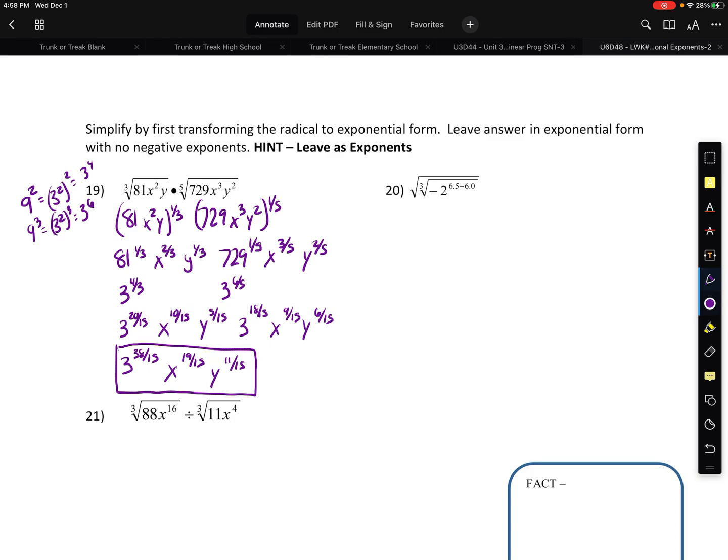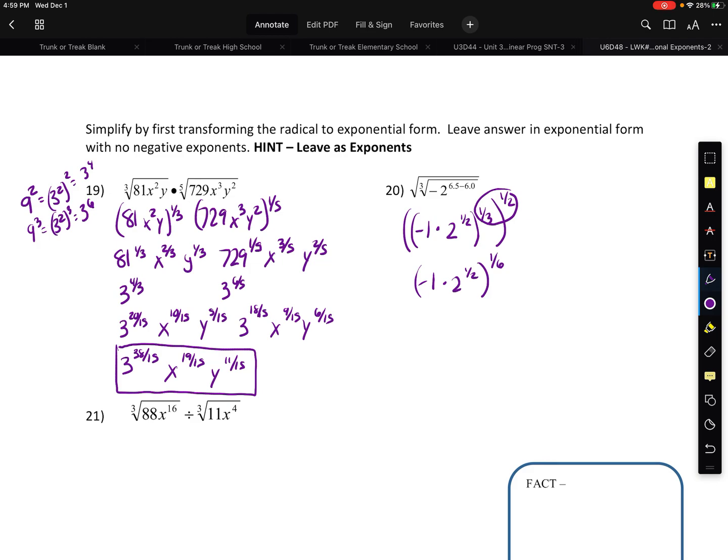All right, so if I look at problem 20, I got -1 times 2 raised to the 1/2 power, all raised to the 1/3, all raised to the 1/2. So using power to a power, 1/3 times 1/2 is 1/6.